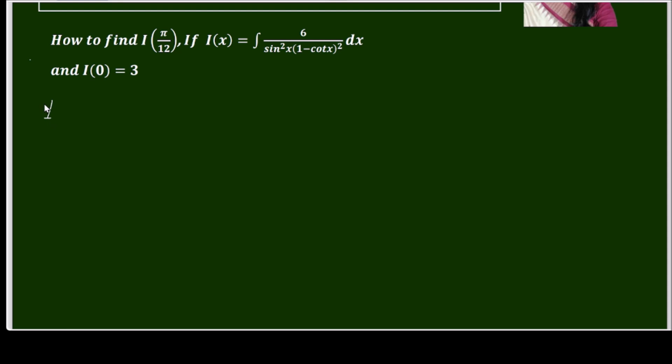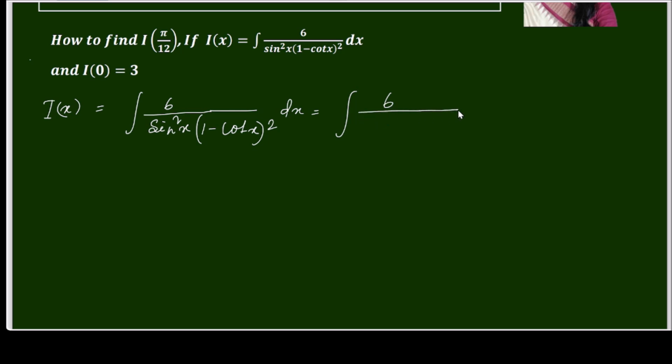Let us write the integral of x equals 6 over sine square x into (1 minus cot x) whole square. Arranging it in this form, sine square x I can take as sine x, so it is sine x minus sine x into cot x, whole square.